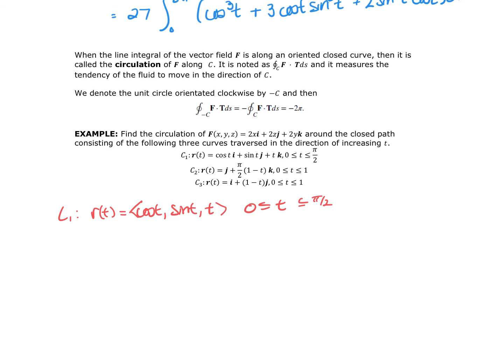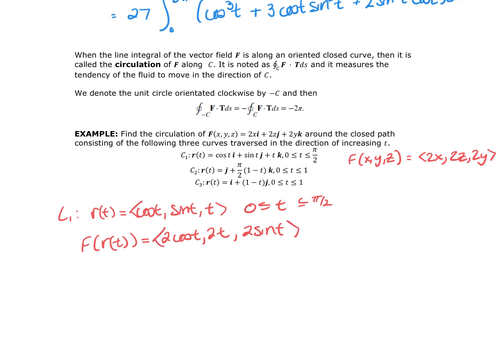Now we've got to think about what happens to our function on this. Our function F of x, y, and z is going to be equal to 2x, 2z, and 2y. So F over this r of t for just the C1 will equal 2 cosine of t, 2t, and then 2 sine of t.